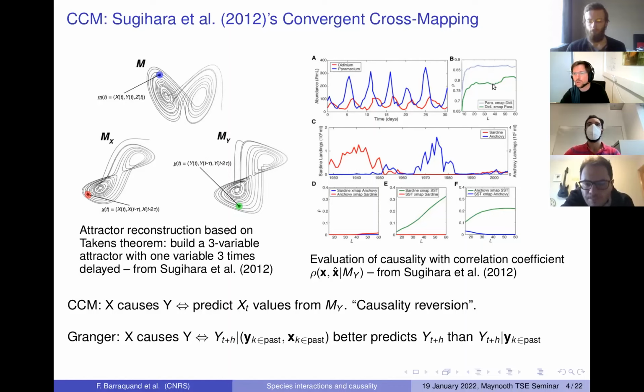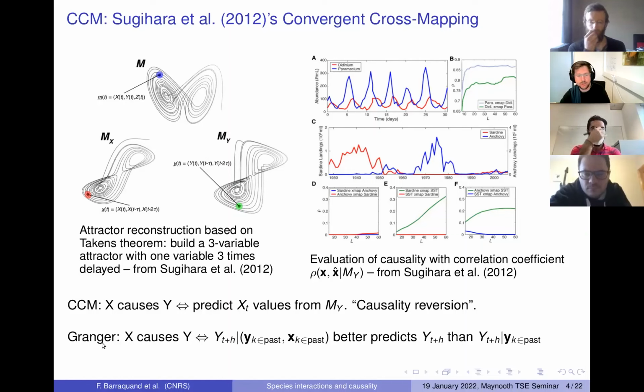predator. So I haven't commented on this yet, but the way you do the cross-mapping is a little bit counterintuitive. And some people have called this causality reversion, which means that when the prey cross-maps the predator, it means that the predator causes fluctuations in the prey, which looks a little bit opposite to what happens with Granger causality.